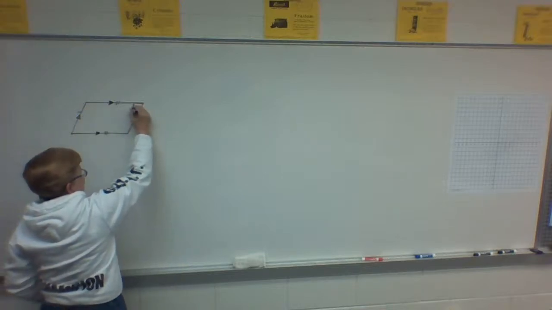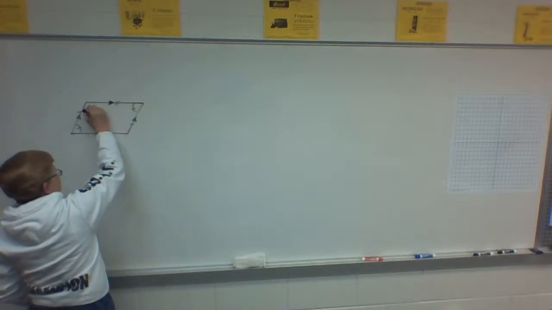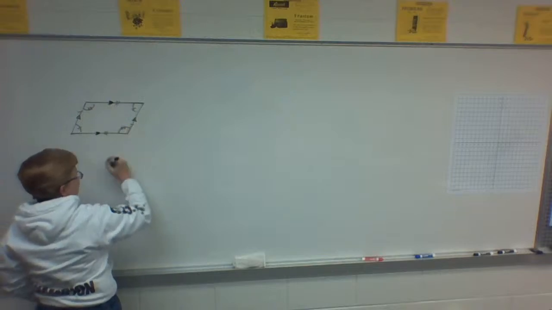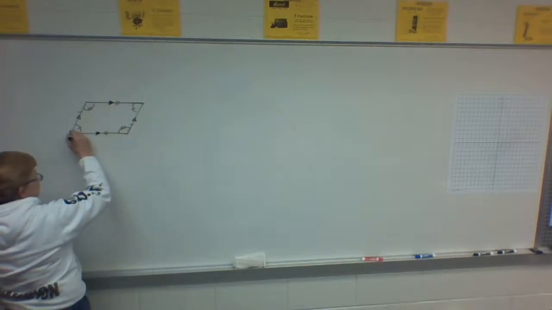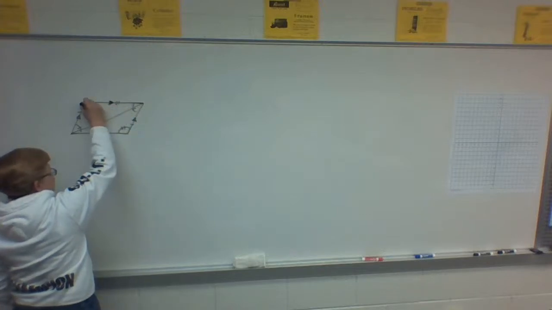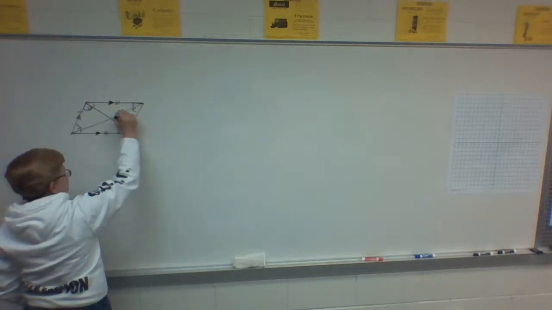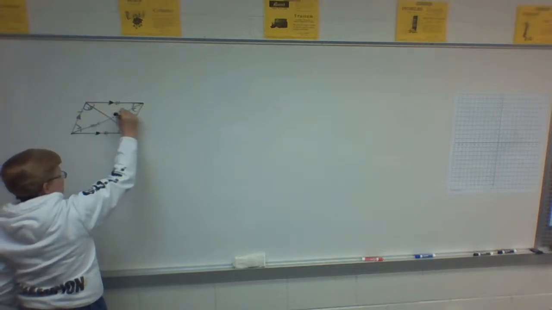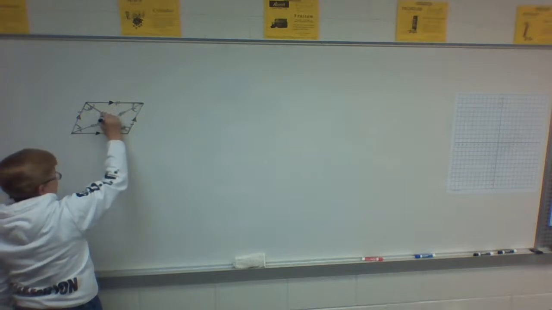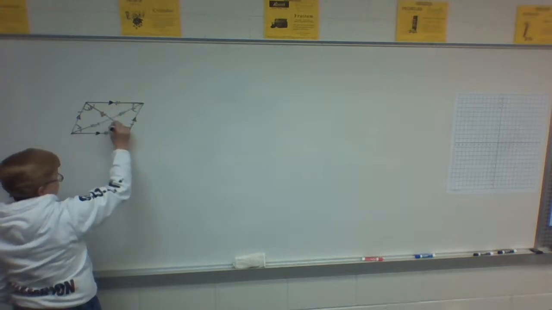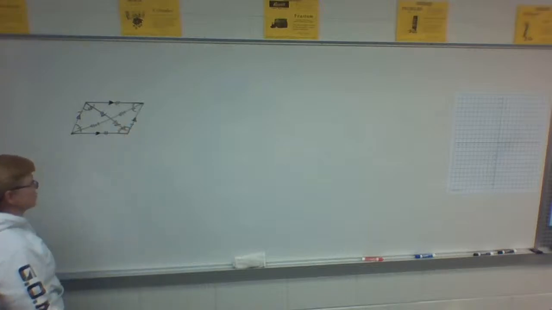It's a fact that this angle equals this one, if it's a parallelogram, and it is. It's also a fact that if you draw the diagonals, they cut each other in half, so that this equals this, and this equals this. Huge amount of markings in there. That's a parallelogram in general.